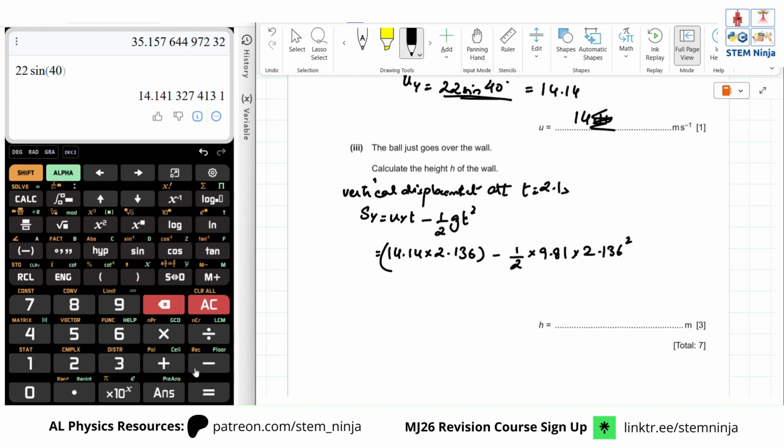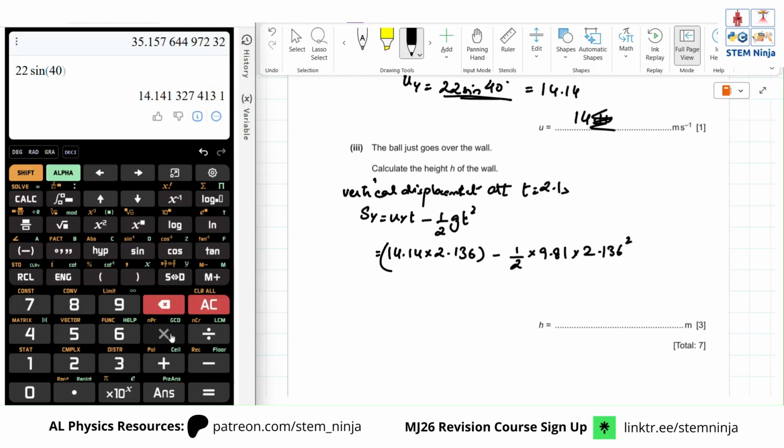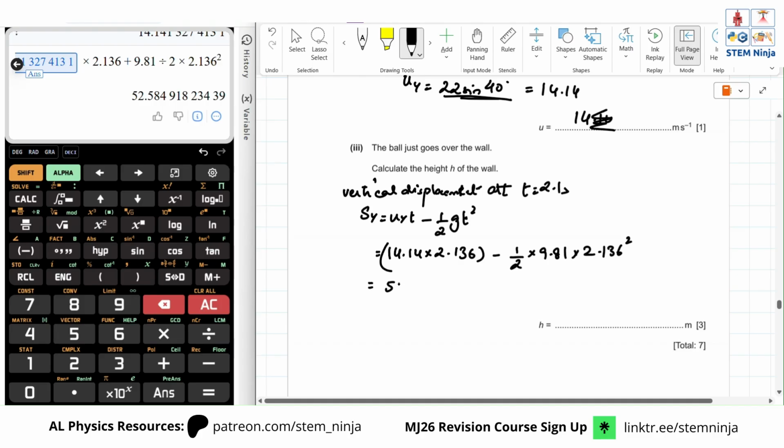So this times 2.136 plus 9.81 divided by 2, times 2.136 squared. This is 52.585 meters.